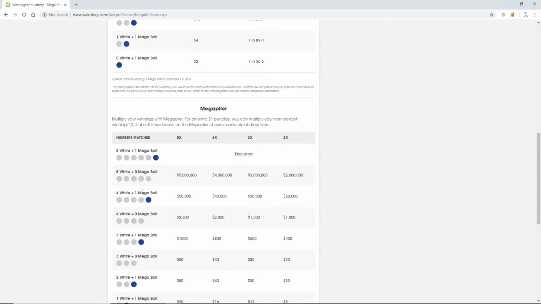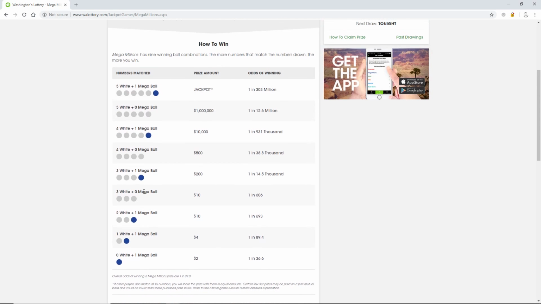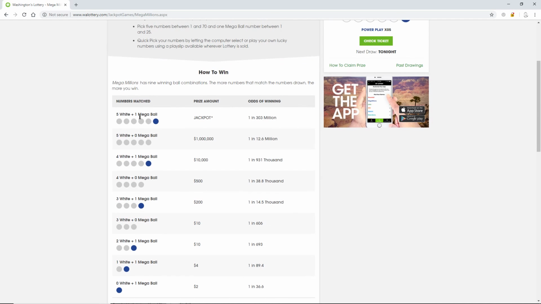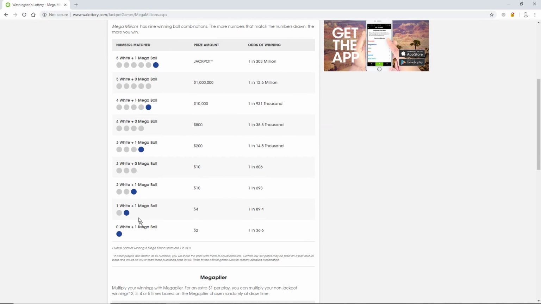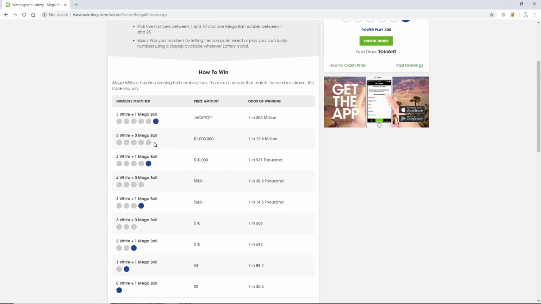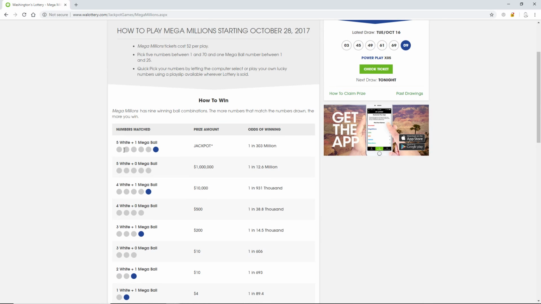Now there are other prizes. Yeah, there's definitely other prizes. Like if you get one white ball and one mega, that's $4. Two white and a mega is 10. Three, 10. Three and a mega, 45. And then again the jackpot.